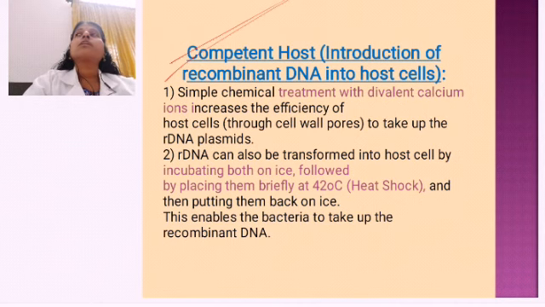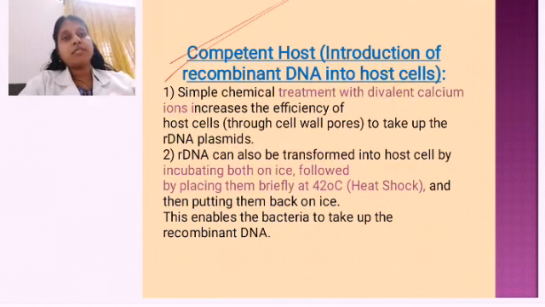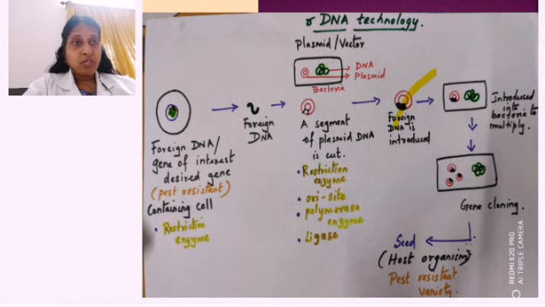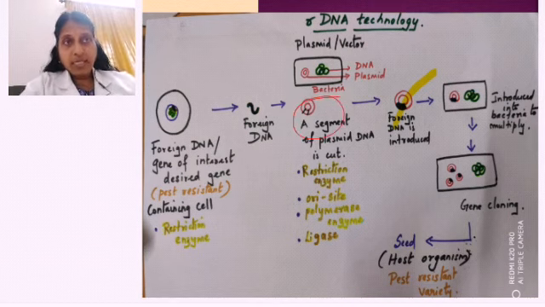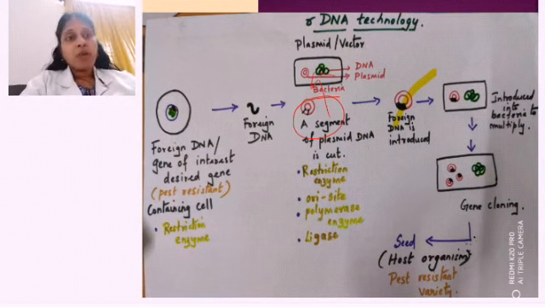So in the next topic we are going to discuss competent host. Now what is a competent host? We have already discussed it in the picture, in the beginning itself. This rDNA is now formed. After forming, it has to be introduced into the bacteria, or into any plant cell.